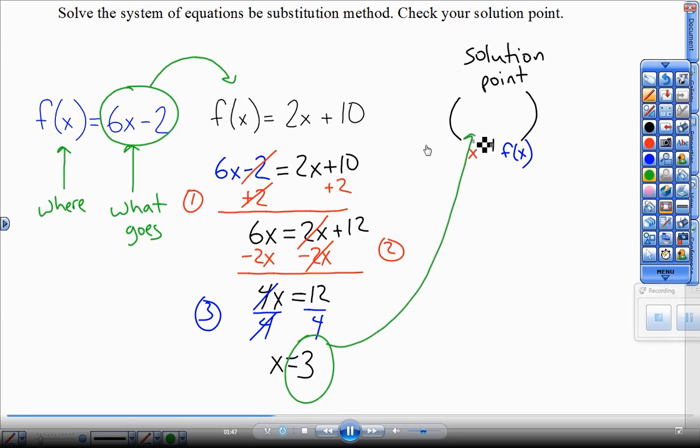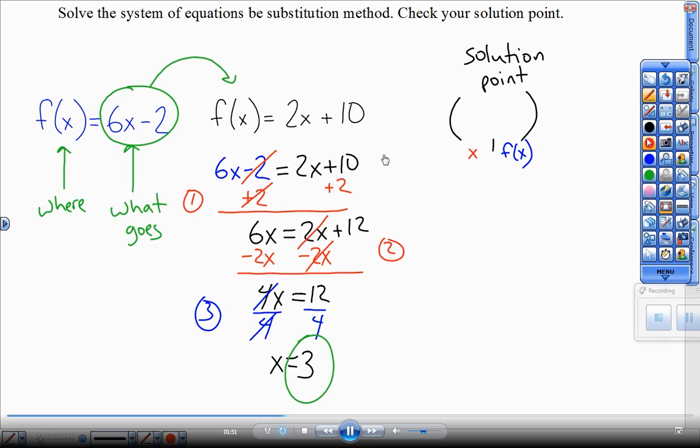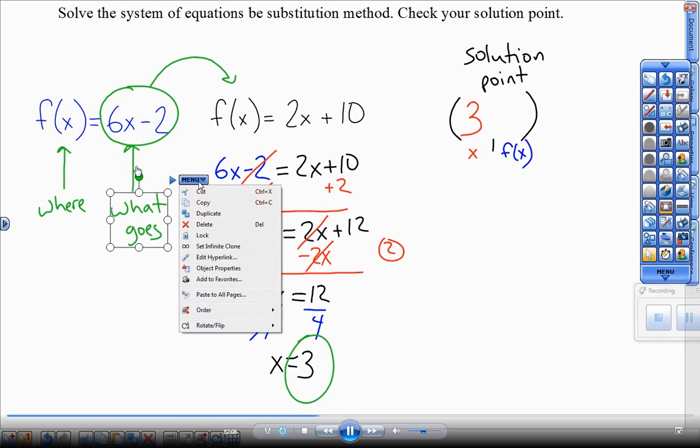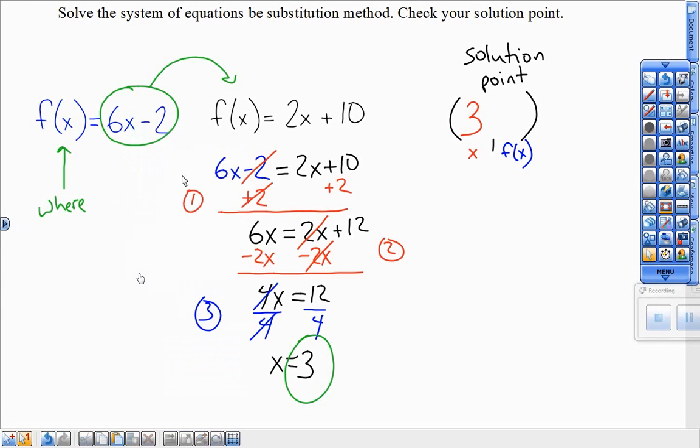That is half of my answer. Now I need to find the second part, which is the f of x. So I could choose any of these to plug in 3 for x. So I'm going to erase these right here. The third word is solve.